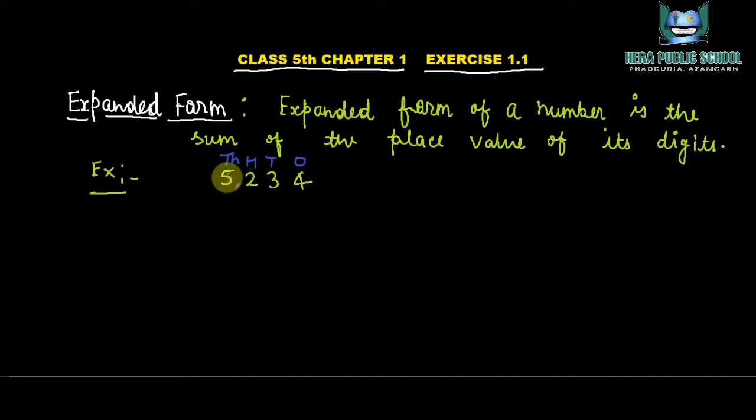So 5 is in the thousands place, so the place value of 5 will be 5000, plus 2 is in the hundreds place, so the place value of 2 will be 200, plus 3 is in the tens place, so the place value of 3 will be 30, plus 4 is in the ones place, so the place value of 4 is 4, because 4 ones means 4 times ones.